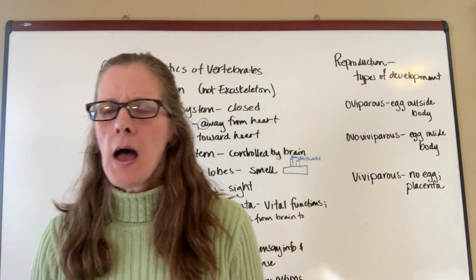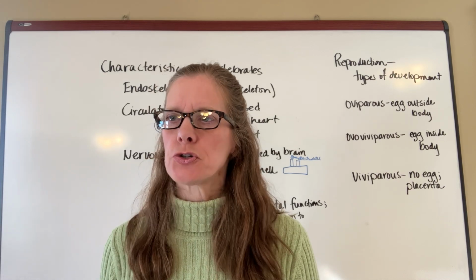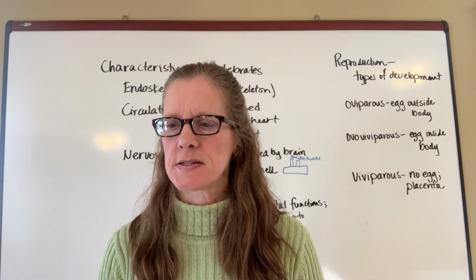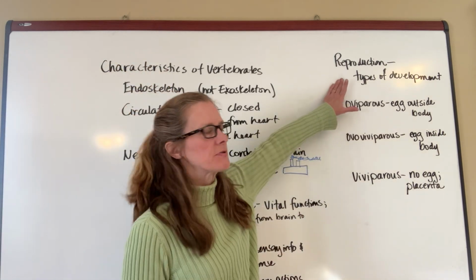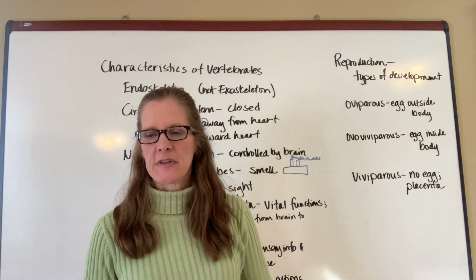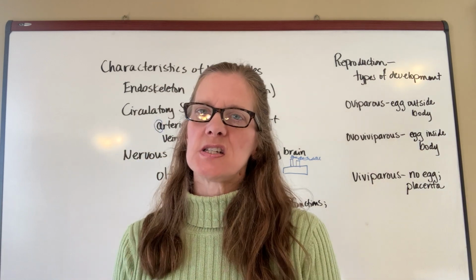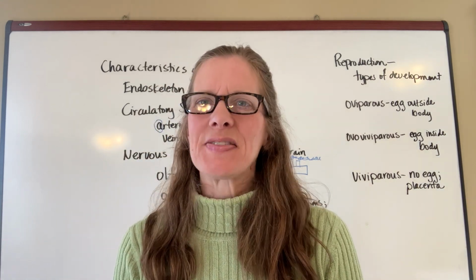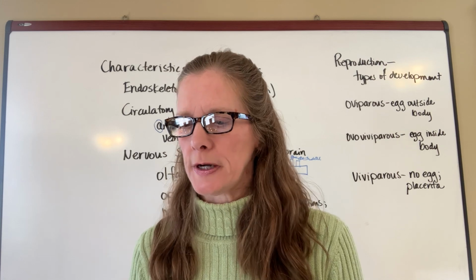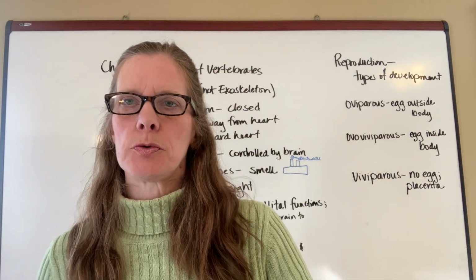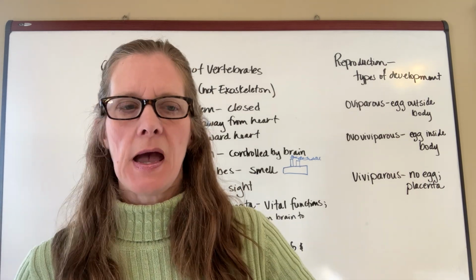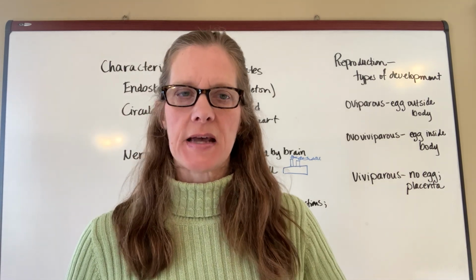All right. Then the fourth characteristic of your vertebrates is the different types of reproduction and development they have. They talked about external versus internal fertilization. I think that's probably pretty self-explanatory, because if you have external fertilization, the female is going to lay the egg, and it's after it's laid that it's actually fertilized.